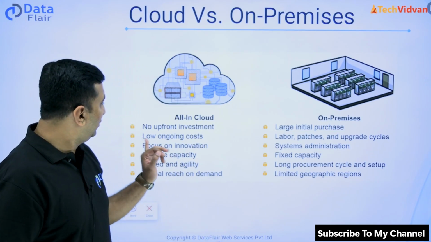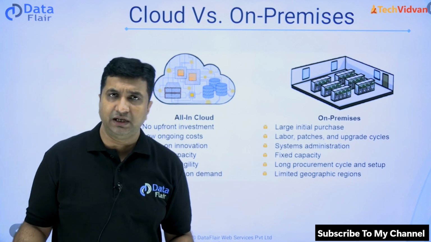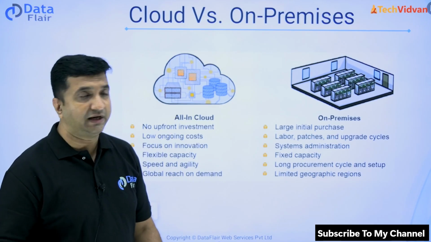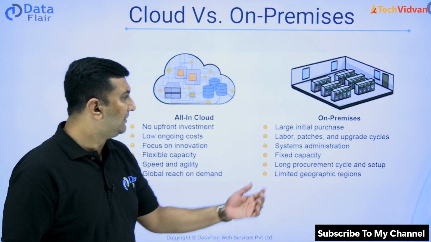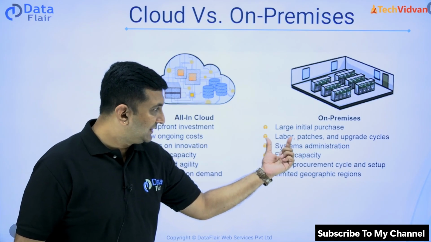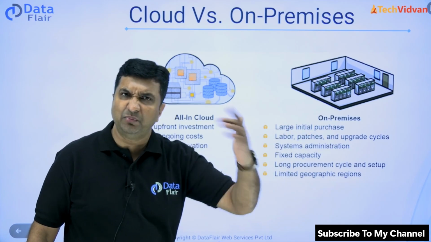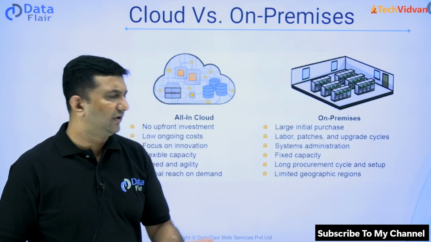And you can just see low ongoing cost, again low operational cost, because of shareability, because of a lot of different options that we have of scalability, like scale up, scale down, wherever we need it. It's all on demand. Then when you talk about on-premise, it's laborious: patches, upgrade cycles. We have to upgrade our hardware. We have to upgrade our licenses. Lot of requirements.